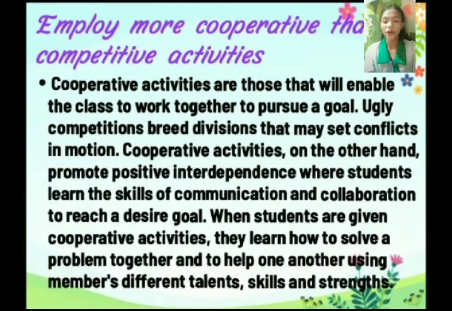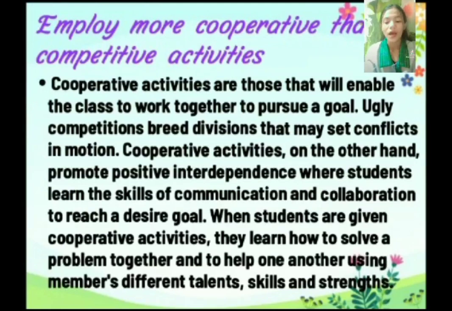Next is employ more cooperative than competitive activities. Note that there are two words being highlighted here: the cooperative and the competitive. When we talk about cooperative, we can relate it to positive things. When we talk about competitive, the negative one. When students are given cooperative activities, they learn how to solve a problem together and to help one another using members' different talents, skills, and strengths.